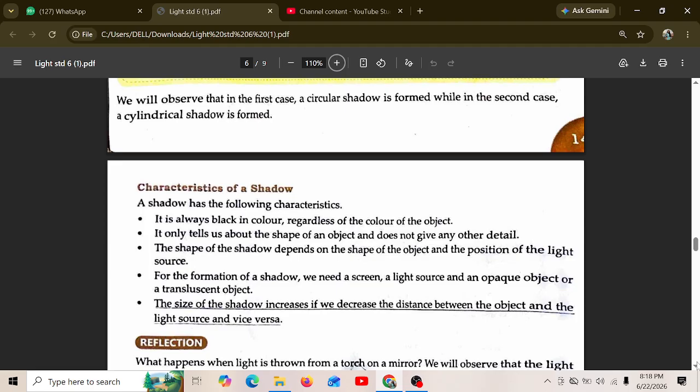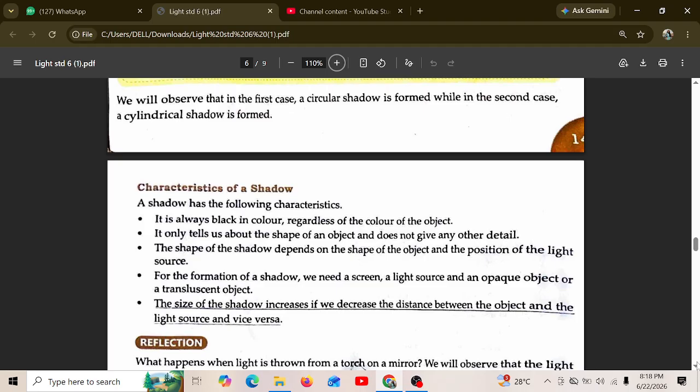It only tells us about the shape of an object but does not give us any detail about it, whether it has any ridges or not, whether it has any pattern on it or not. We get no details in the shadow. The shape of the shadow depends on the shape of the object and the position of the light source. Very, very important thing to remember.